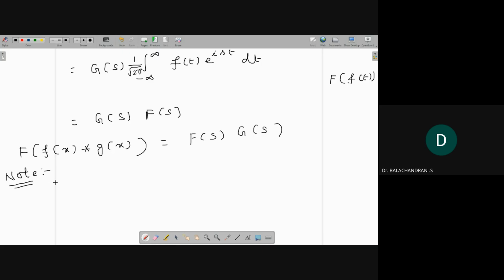In this note, I am going to write f of x convolution g of x. So then you can write F inverse of F of s into G of s.